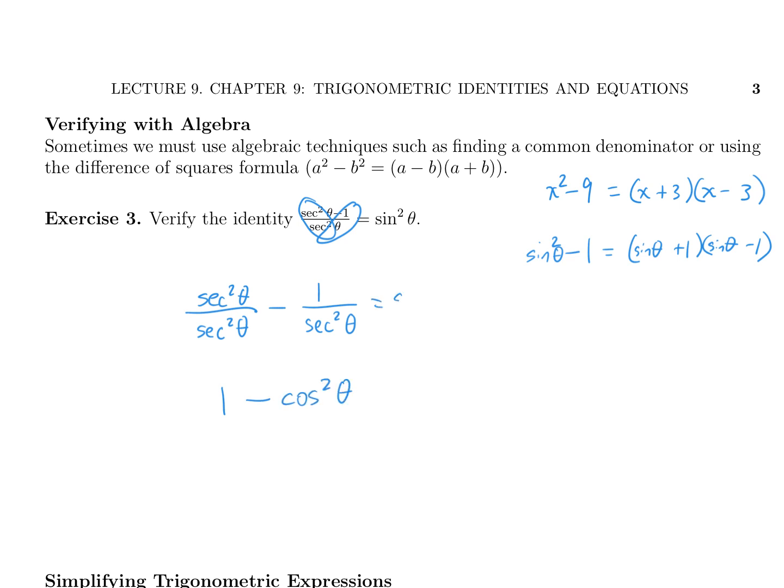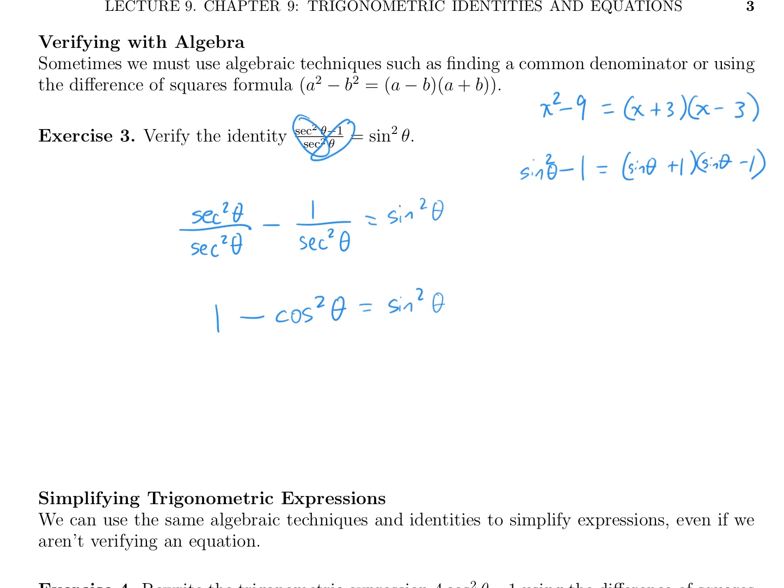All right, and on the right side, we leave that alone, leave it as is. And going back to the identities, we'll see that 1 minus cosine squared is in fact equal to sine squared, which is exactly what is on the right side. So we're done.